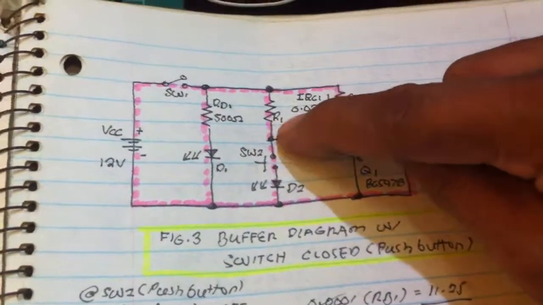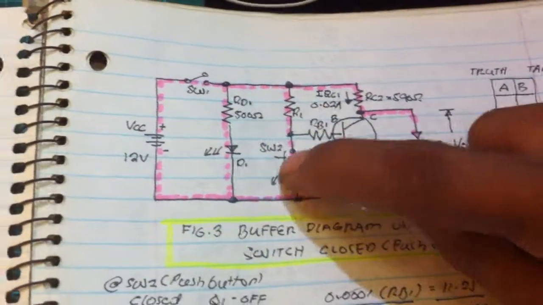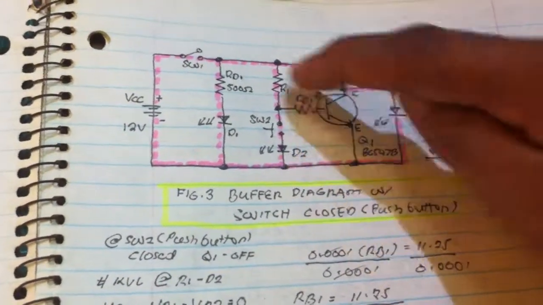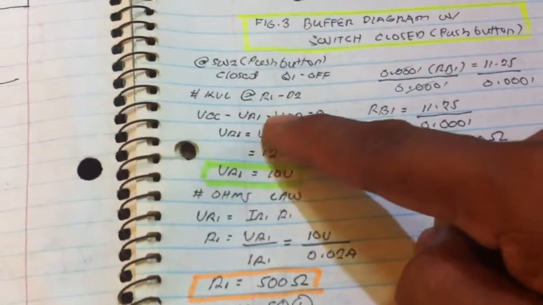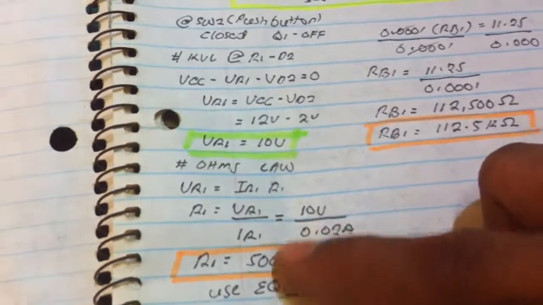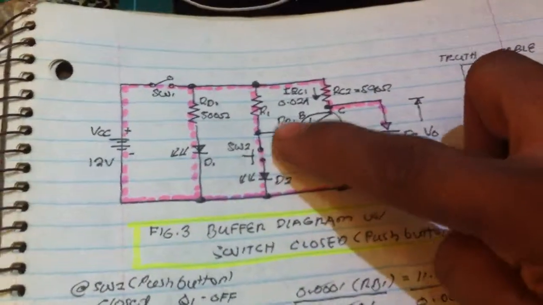Let us compute the resistance here, pushing the switch, the resistance to limit the current at the LED. By using KVL, the same formula, we get 500 ohms.